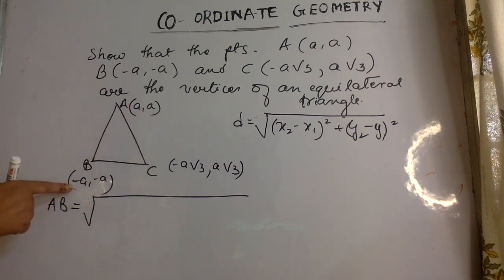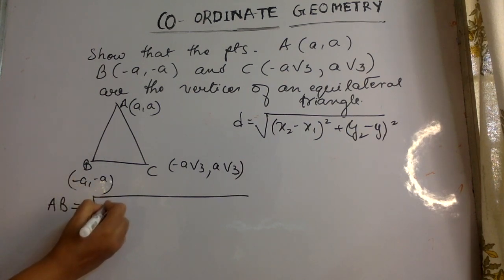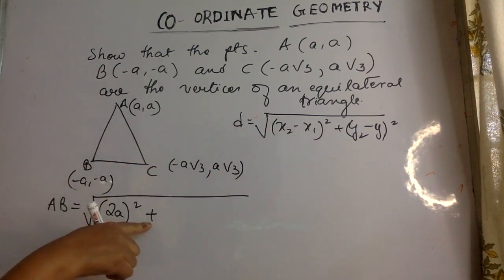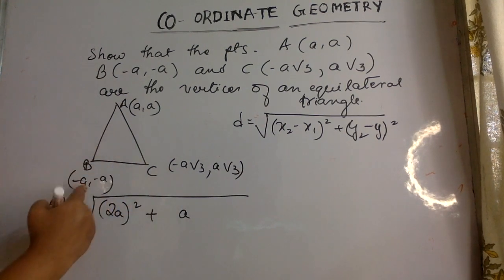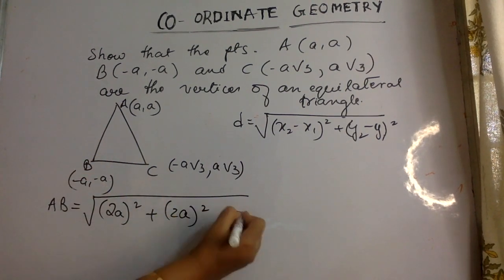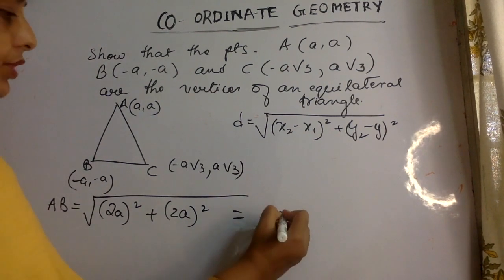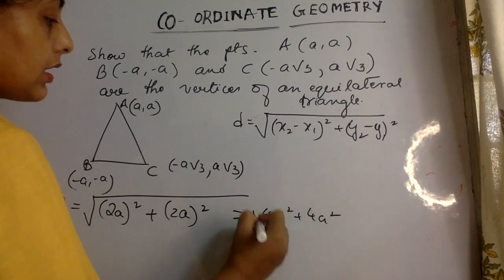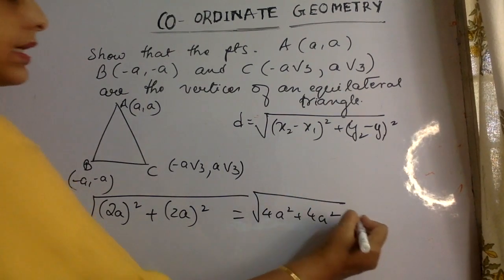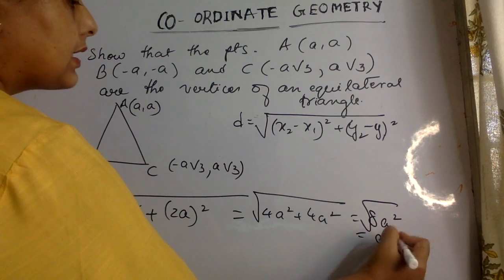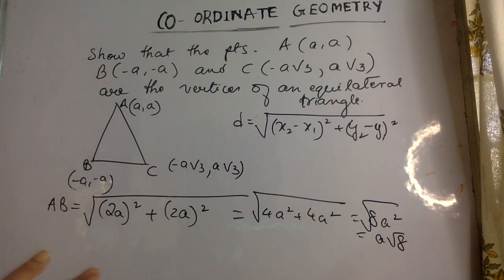A minus this minus, and then the number itself has a minus, so it becomes a plus a, which is 2a, and square, plus, again a minus (-a) makes a 2a, which is equal to 4a square plus 4a square, which is equal to 8a square, root over, that can be written as a root 8.